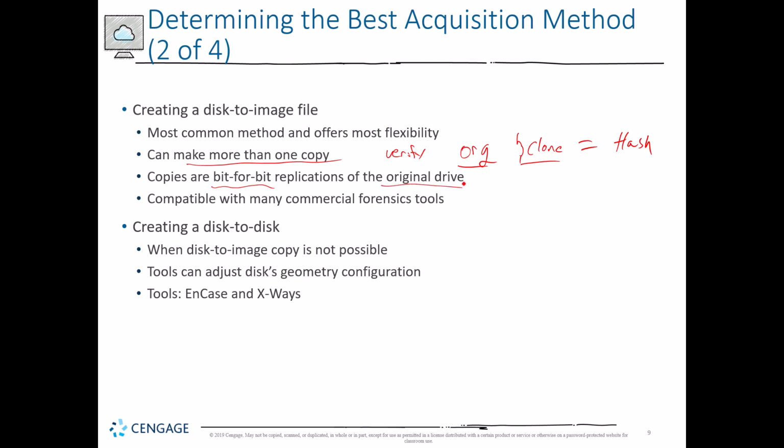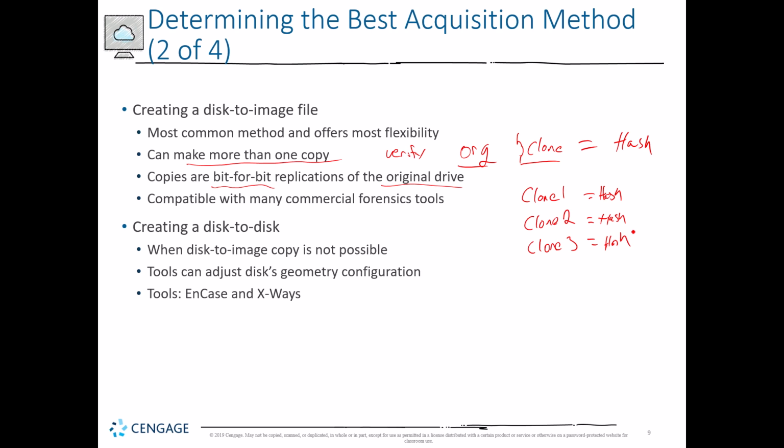And what you could do is, once you have your hash value, you could do a clone, another clone, another clone, and you would do hashes for each one of these. And you would compare the hash to the original data. And as long as the hashes are all equal, then you're good to go.